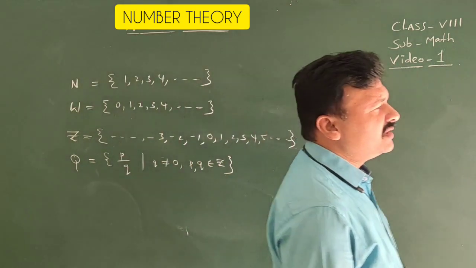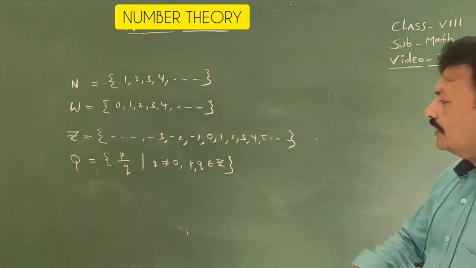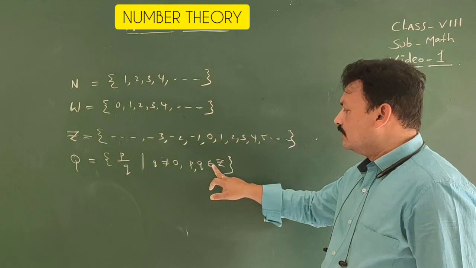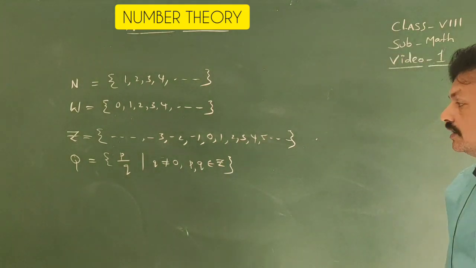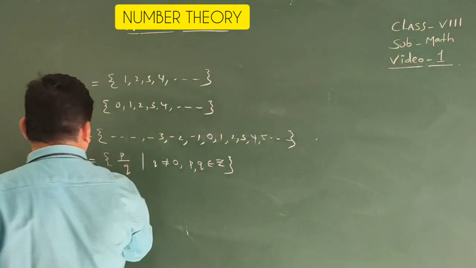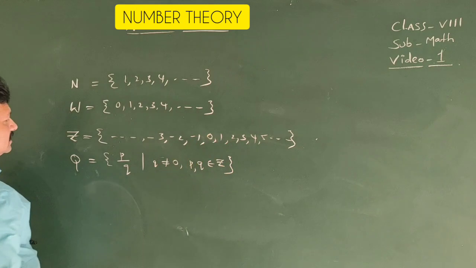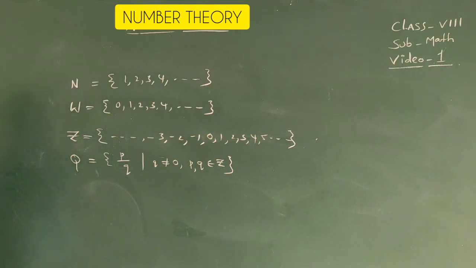The numbers in the form of p by q are also called fractions. Here the difference is that in the case of fractions, p, q belong to whole numbers, but in the case of rational numbers, p, q belong to integers. There are no negative fractions, but rational numbers can be negative.